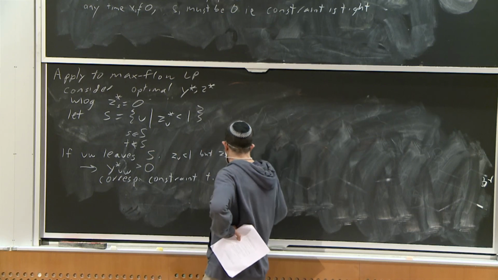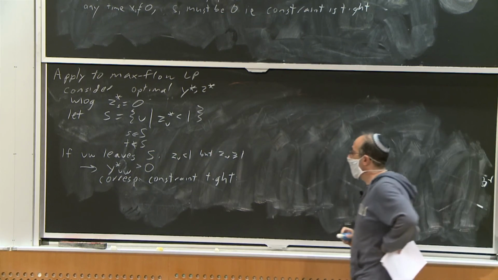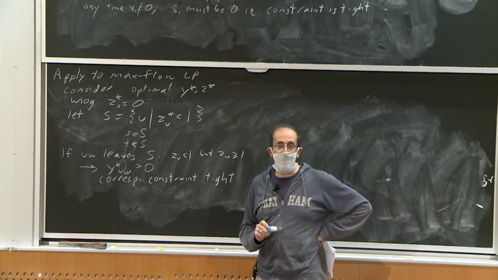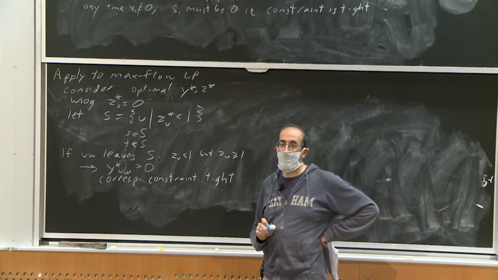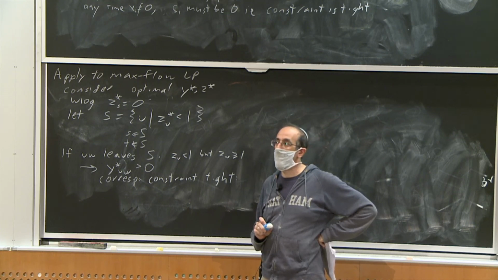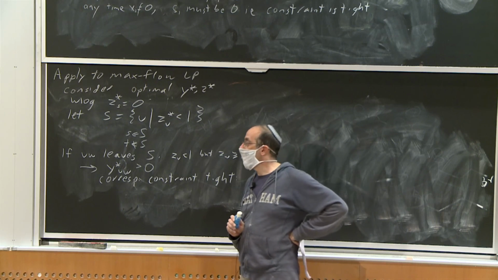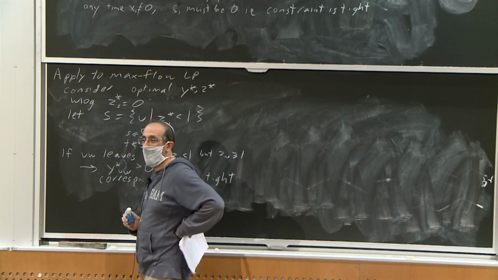So what is the corresponding constraint to the variable y VW? The capacity bound.